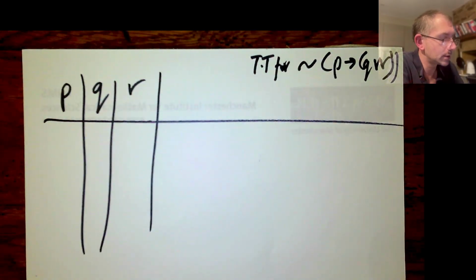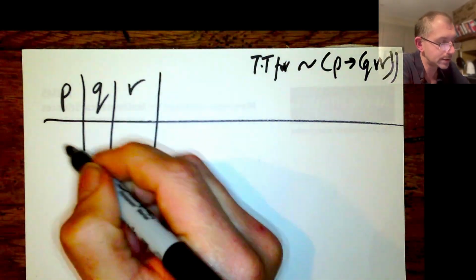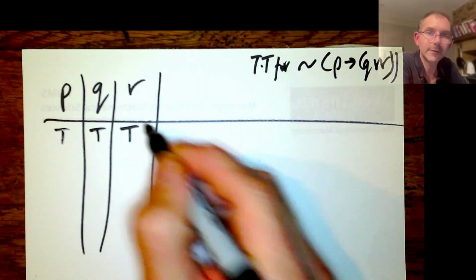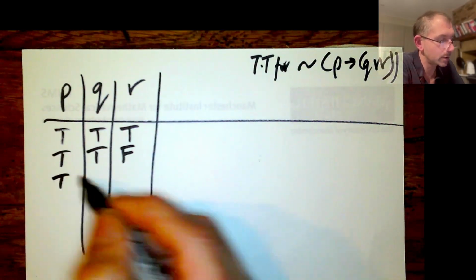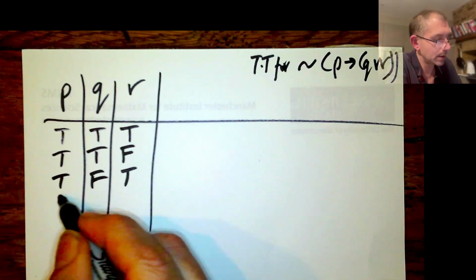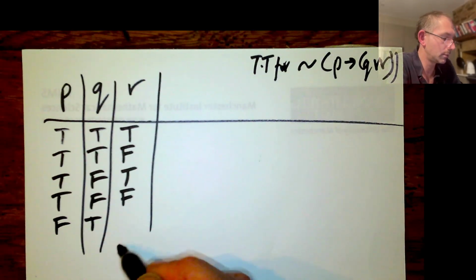Okay, so let's do it. We want to write down all the 8 possibilities, so you just have to find a way to get through them all. I'm going to do it this way. It's a bit like writing in binary, if you know how to do that.